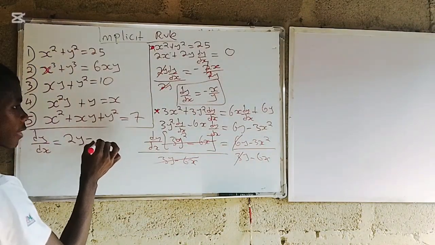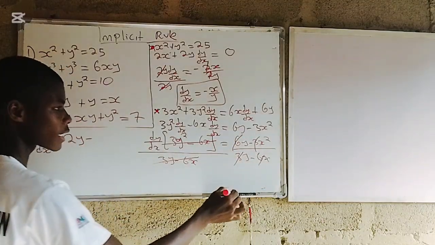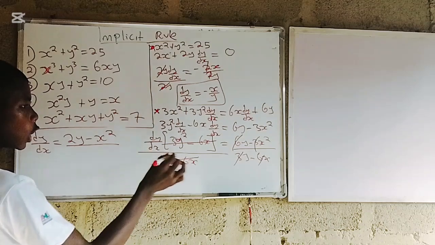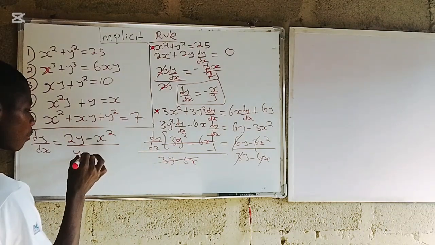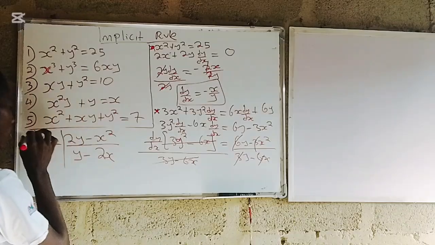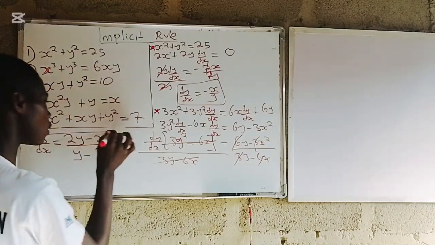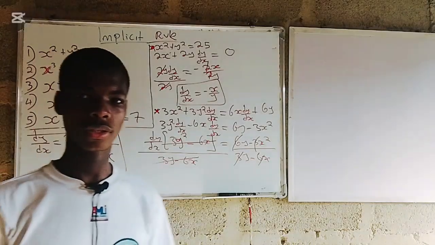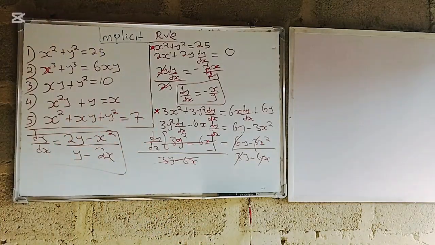I have to put 2y minus 3 over 6, which is 1 over 2, x squared over y squared minus 2x. So this is the final solution to this problem.